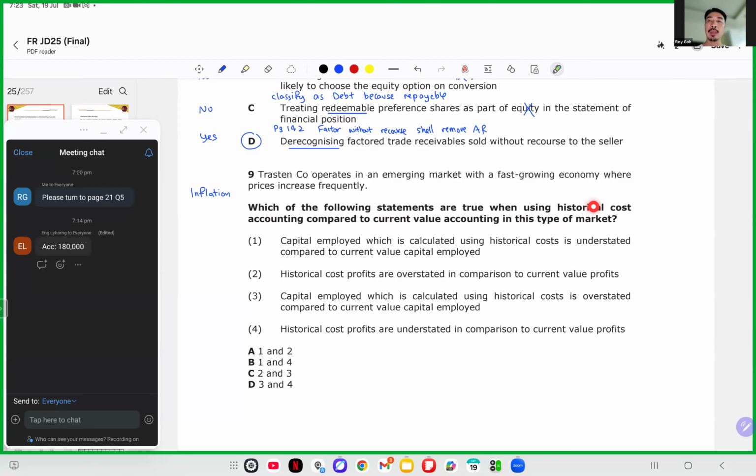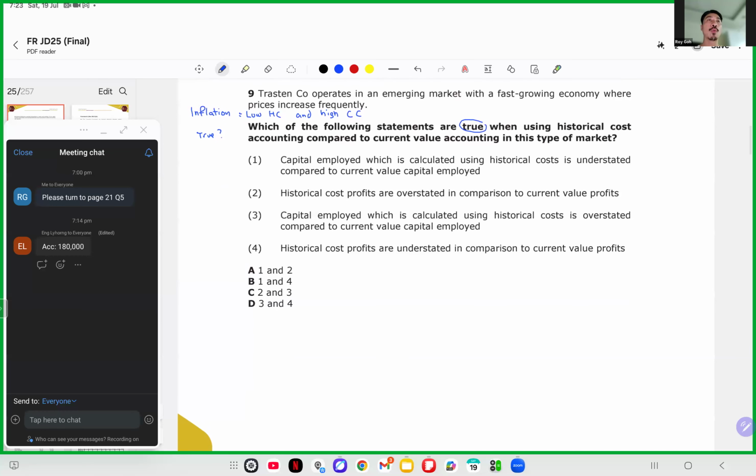Okay, what's the keyword? Historical cost, current value. That means to say, during inflation, you will have a low historical cost on the asset, right? And you will have a high current cost, current value, because of higher prices. The question is asking you which is true. So inflation, true or not?